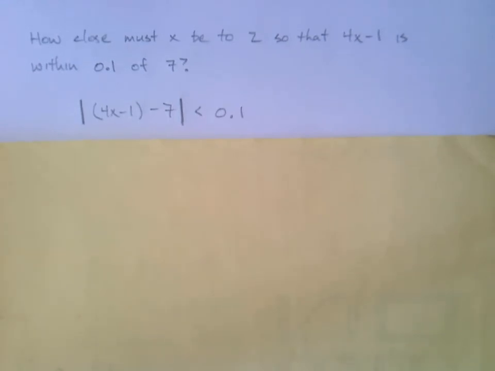Now it might take a moment to absorb that this means the same thing as the statement we began the previous question with. But let's think of it like this.